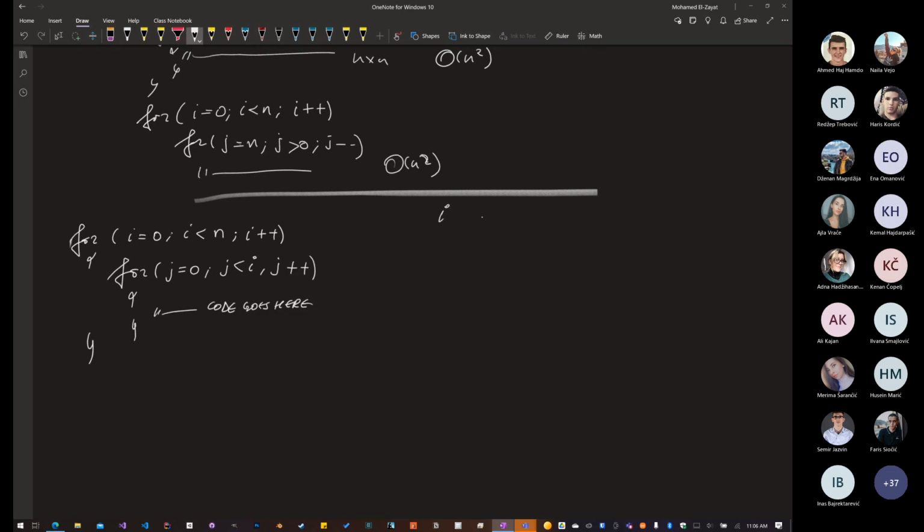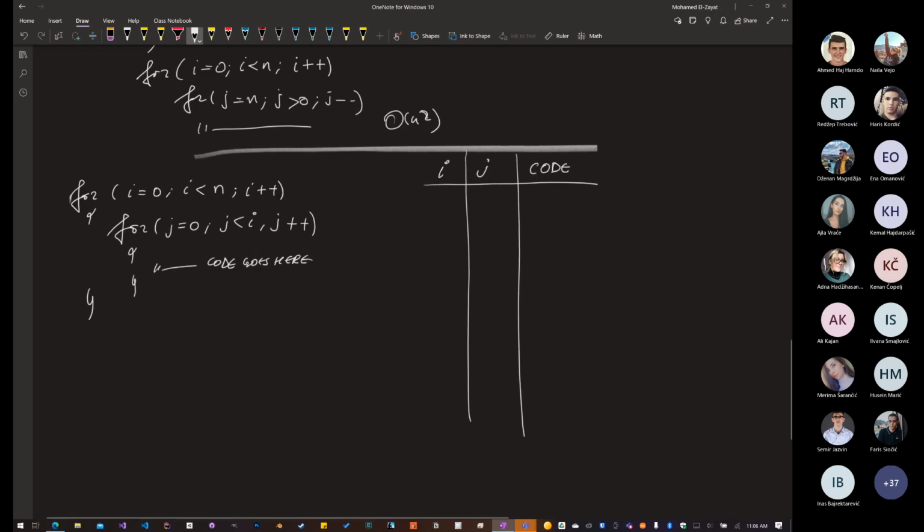So we have I and J, and then we'll look at the code. Okay, let's draw a table.